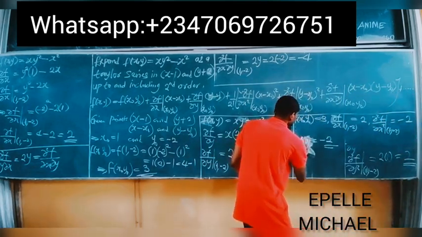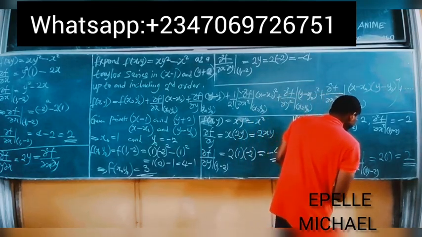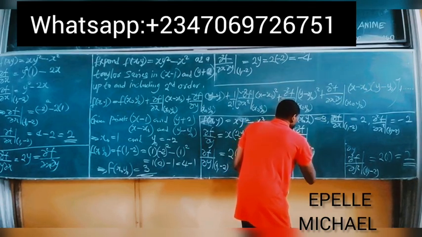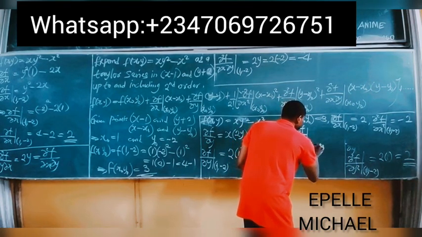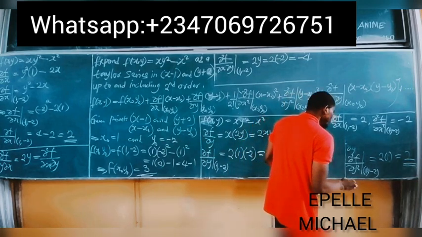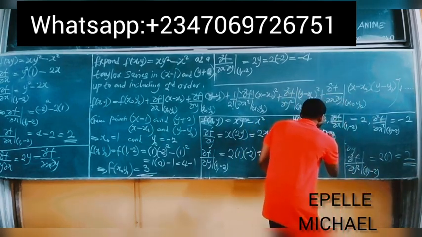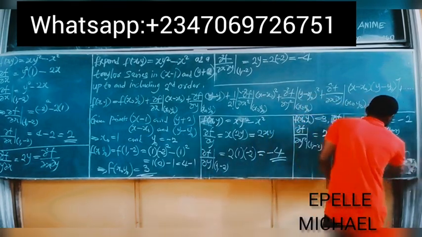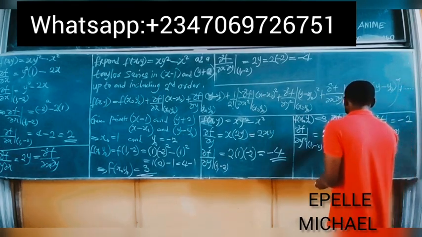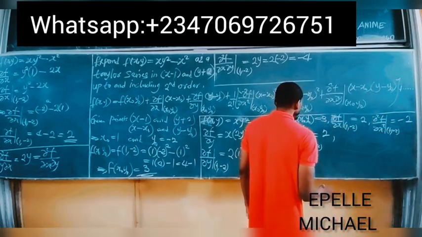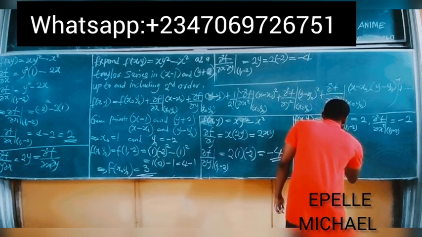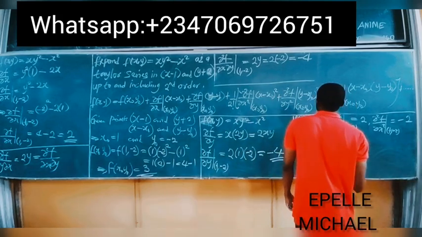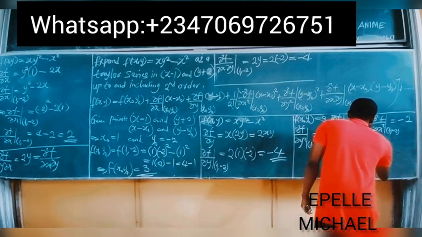Okay, next I obtain partial squared f partial y squared, also at that point (1, -2), to be equal to 2. Next, I obtain the mixed partial derivative, partial squared f over partial x partial y, to be equal to -4.